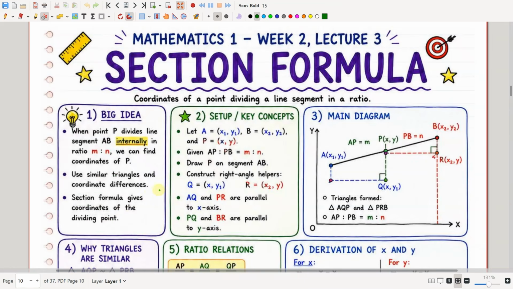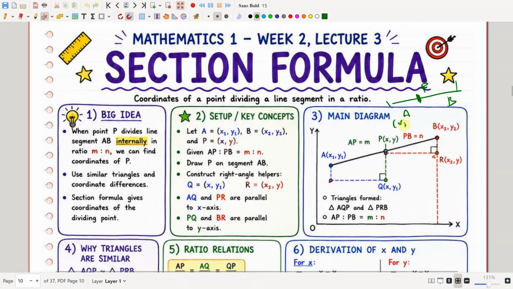Okay, so the setup for understanding this section formula is, you are supposed to have some point A, which is x1, y1, and B, which is x2, y2, and the point P, which is splitting the line segment AB. You will be having a line segment AB, and some point P will be splitting that line segment.